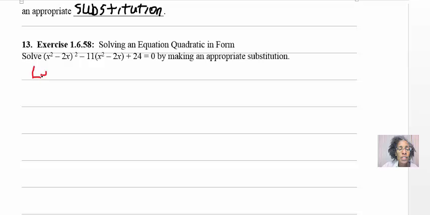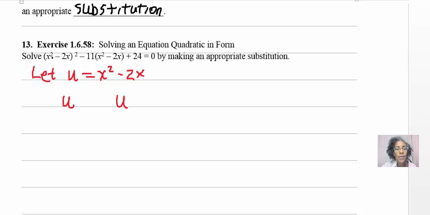I'm going to use the substitution where I let the letter u equal x squared minus 2x. So I'm going to go back, and wherever I see x squared minus 2x, I'm going to write a u. I see it right here in first position, and I see it in the second position.